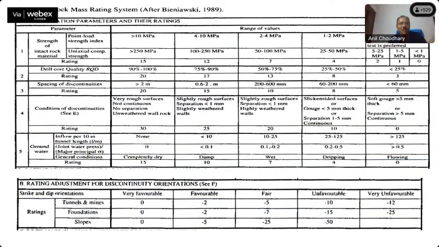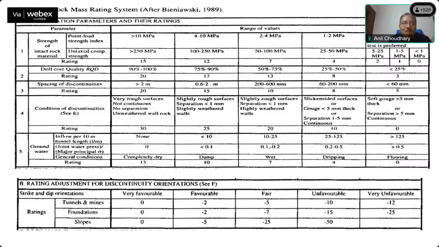Now, based on this, the RMR system was developed. So we saw we have different factors. Now, if you see one in this table, classification of parameters and their ratings, some rating is given to different factors. First is strength of intact rock. For this, we find point load strength index and uniaxial compressive strength.